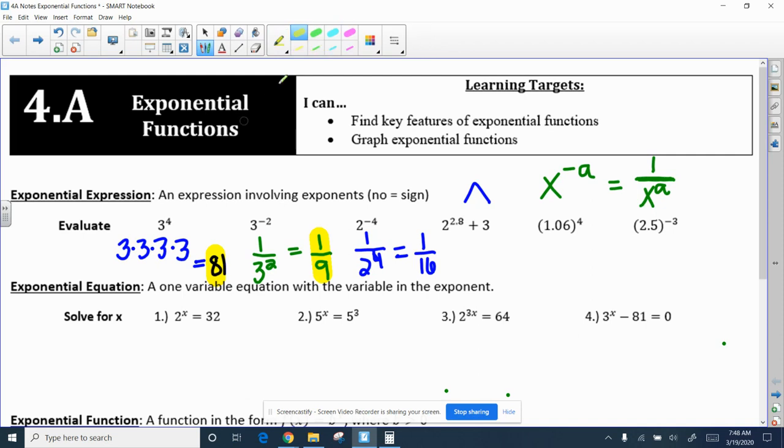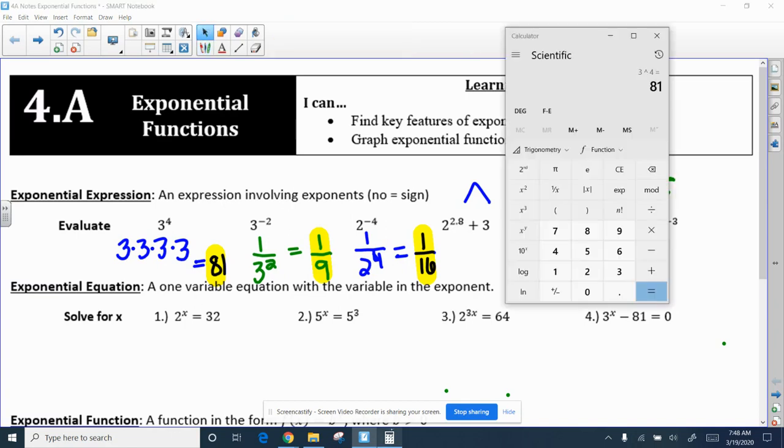So those first three we were able to do without a calculator. And especially for the negative exponents, we're going to probably need to do them without a calculator, because if we do them on a calculator, which we can, 3 to the negative 2 power, for example, oops, sorry, I'm using the wrong button for negative.